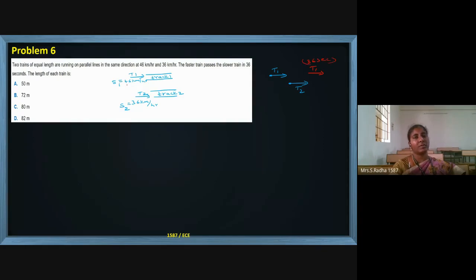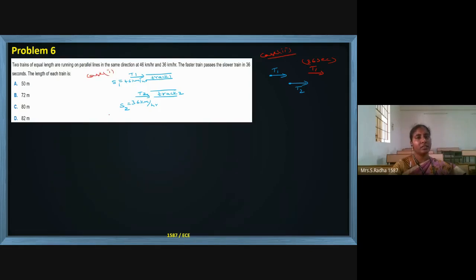T1 is the faster train because we have allotted 46 kilometers per hour to T1. This is case 2. This is case 1.